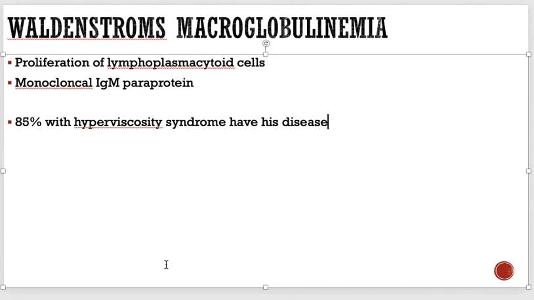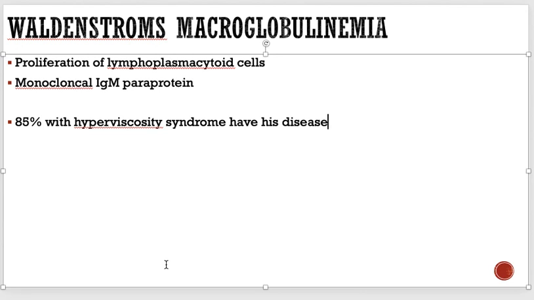So the key thing or the key game in this condition is what? We must avoid hyperviscosity syndrome, because of all the features I told you, some of the basic features like anemia, bleeding, infections, fatigue, pallor, these are common things, right?